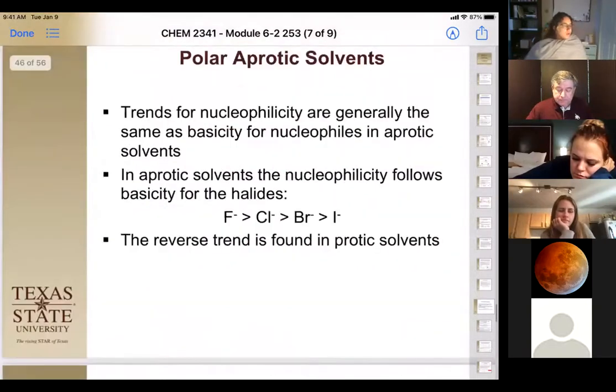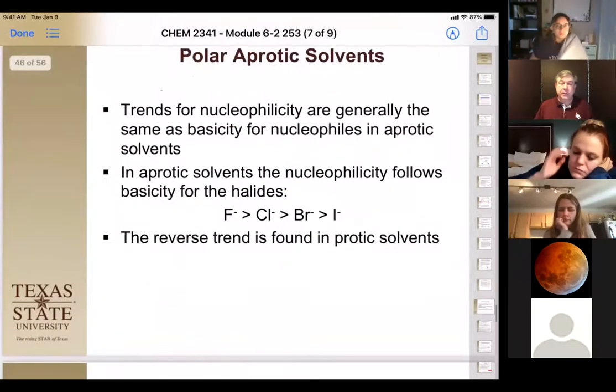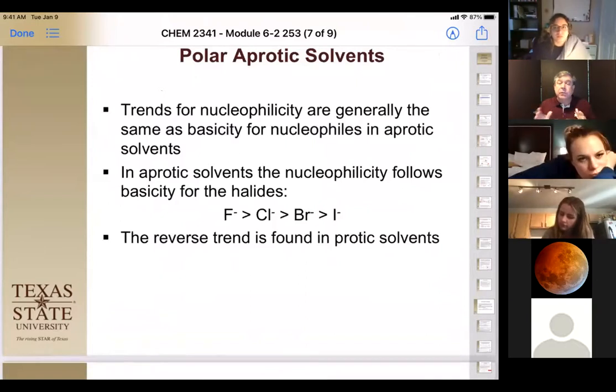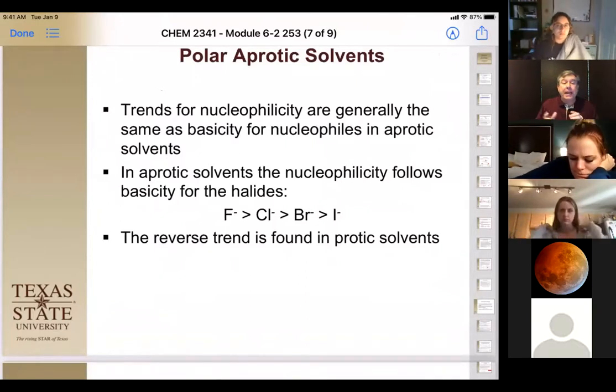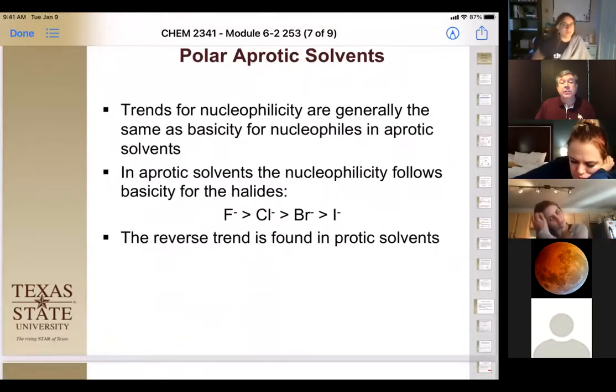In that case, the trend reverses. Most other ones, it just kind of controls the rate, but in the case of halogens, if you use a polar aprotic solvent like acetone or DMSO, it changes the nucleophilicity. Fluorine now becomes the more nucleophilic. It's the least basic of them, but it's more nucleophilic because of the reaction with the solvent.